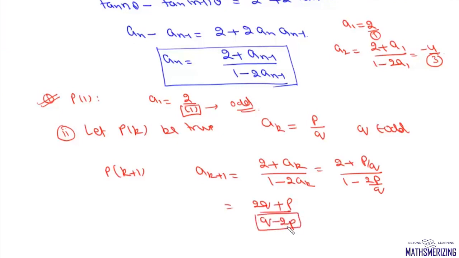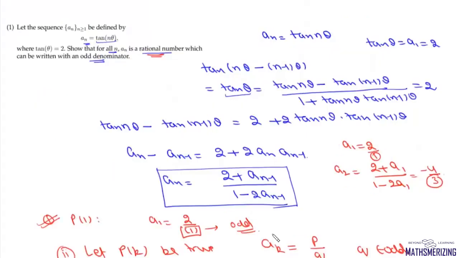Now this Q minus 2P is clearly an odd number, since 2P is even and Q is odd, so odd minus even is an odd number. So we can say that for all n, An will be a rational number which can be written with an odd denominator.